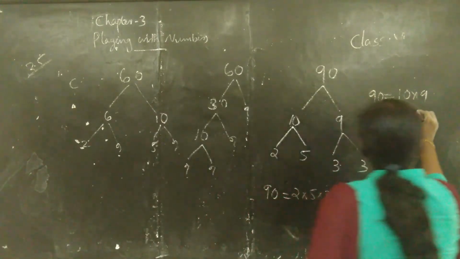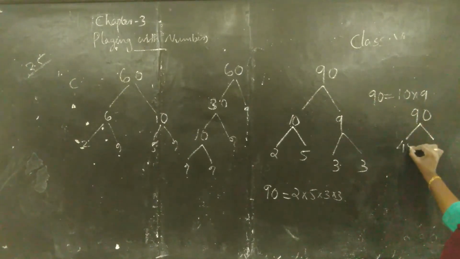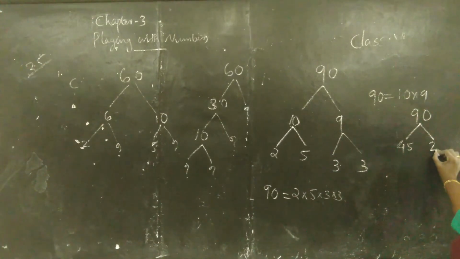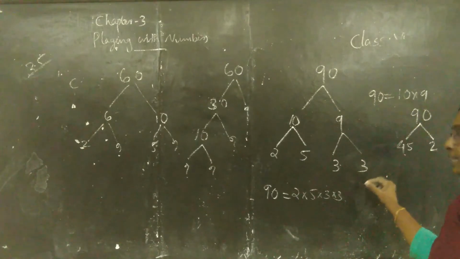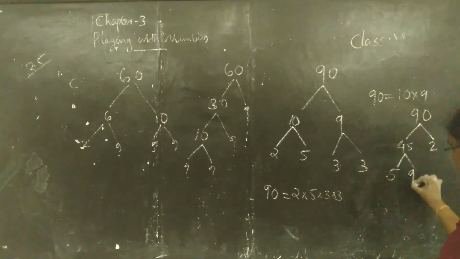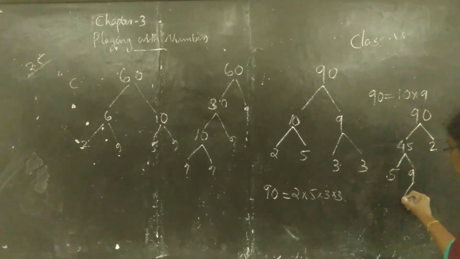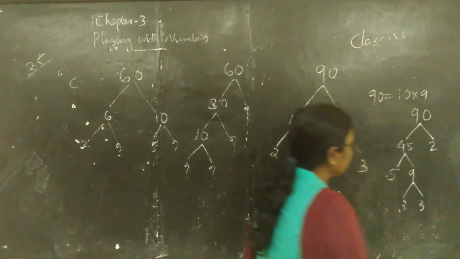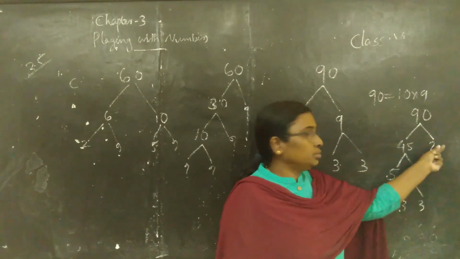If 90 is written as 45 into 2, then 2 is a prime number. 45 can be factorized again: 45 is 5 into 9. 5 is a prime number, so we factorize 9 again as 3 into 3. So 90 equals 5 into 3 into 3 into 2.